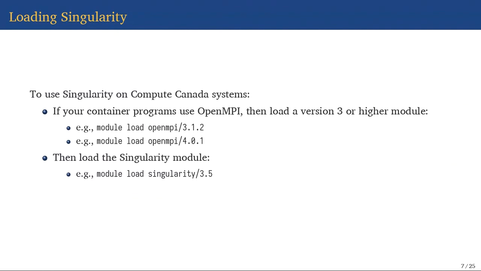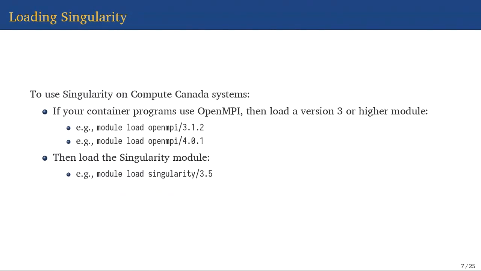You need to have this outside of running things in the container, because MPI programs in the container actually invoke some components outside the container. So load version 3 or version 4, it doesn't really matter which. If you are using version 4 in the container, it is wise to load version 4.